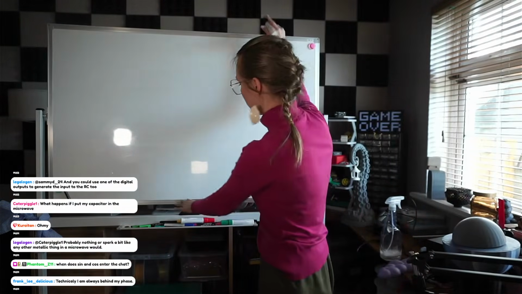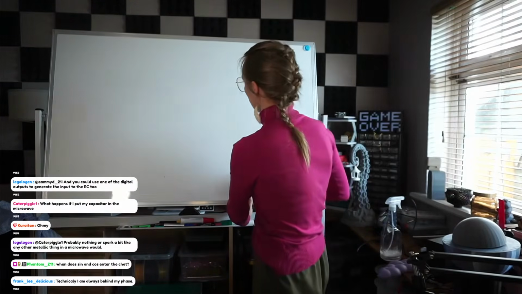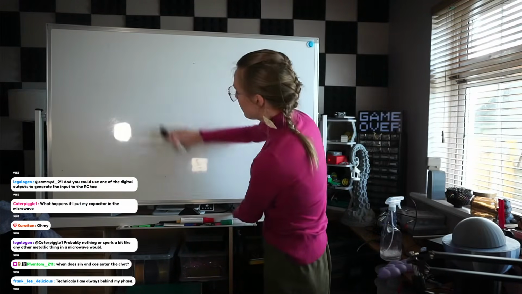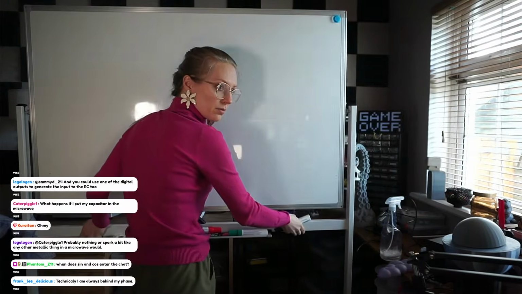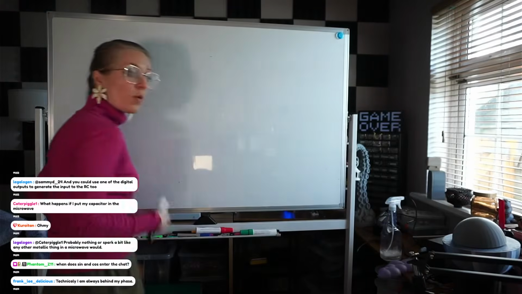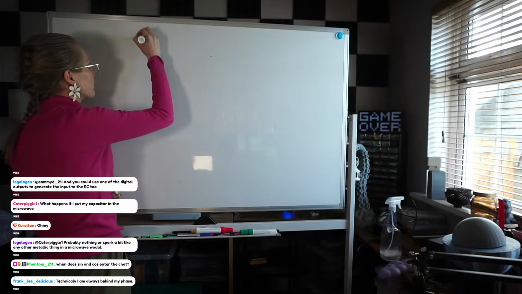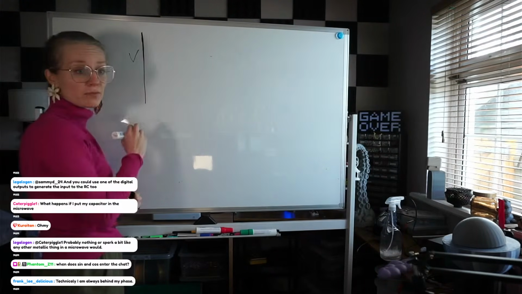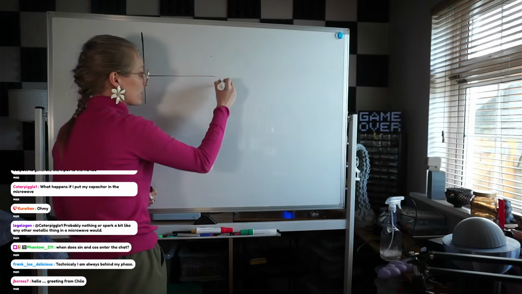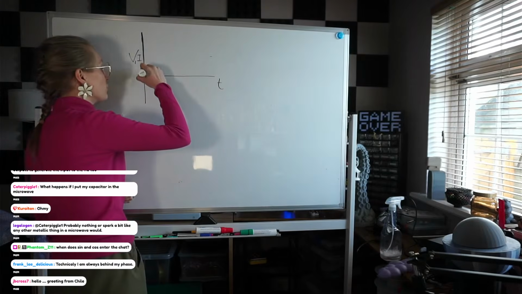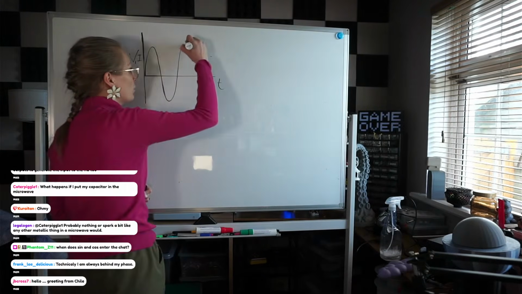Okay, so when we supply a wave, an AC source, to our circuit, we'll supply, let's say, voltage, or it could be current, it doesn't matter. We have time on this axis. The wave looks not too different to this.